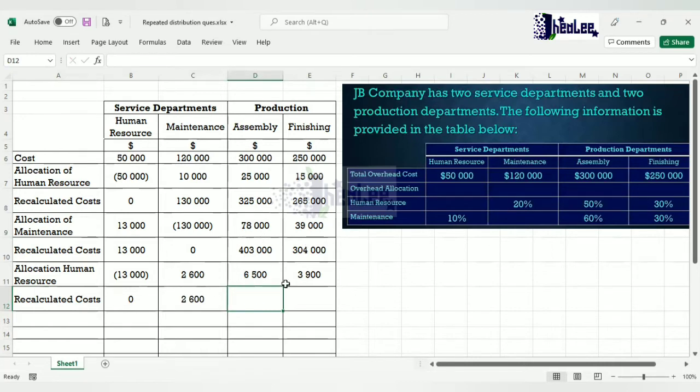We are adding 6,500. So that gives us a total of $409,500. While for the finishing department, the previous recalculated cost is 304,000. We are now adding 3,900 to that. So that gives us $307,900.